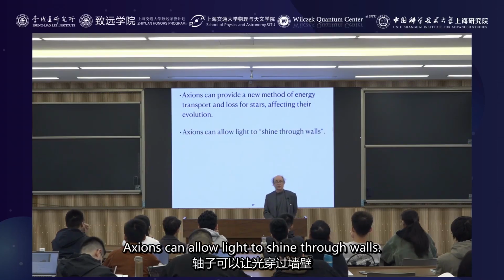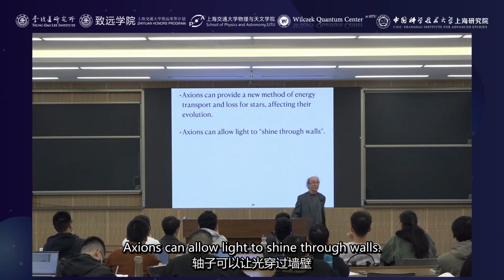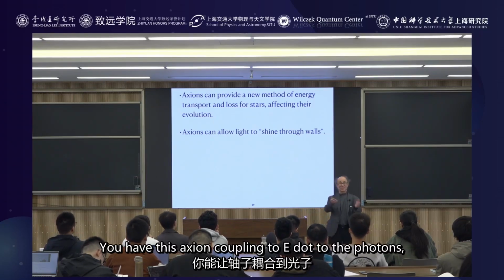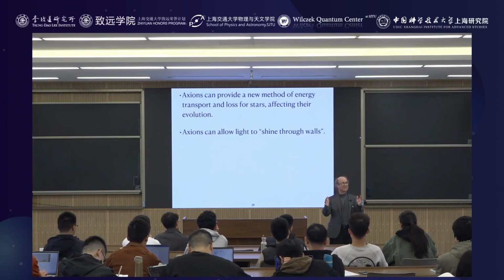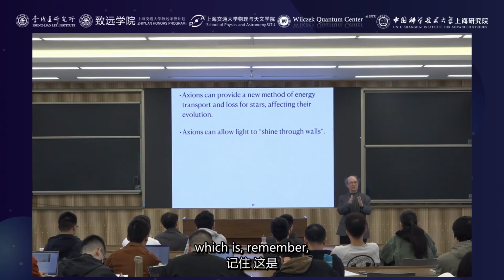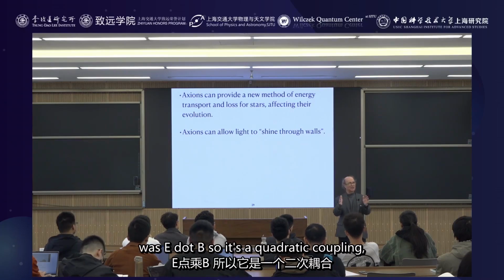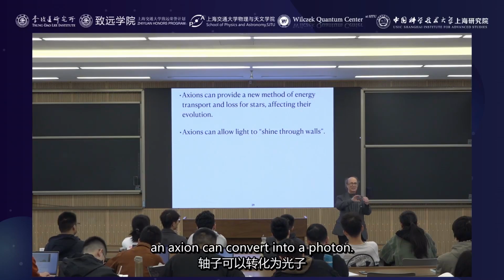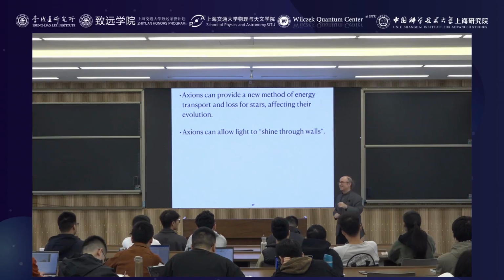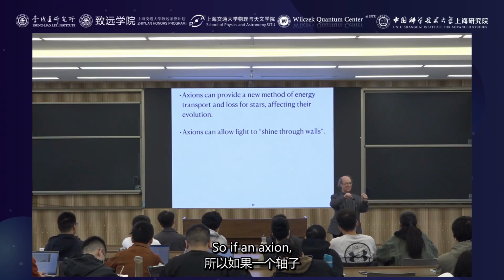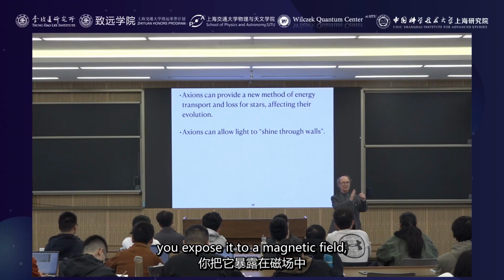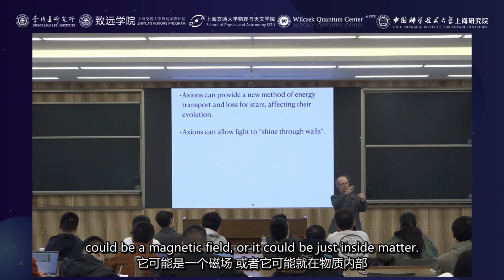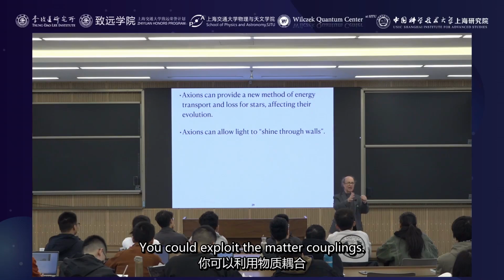And axions can allow light to shine through walls. You have this axion coupling to the photons, which remember was E dot B, so it's a quadratic coupling, which means that in the presence of a magnetic field, for instance, an axion can convert into a photon. You could also exploit the matter couplings.